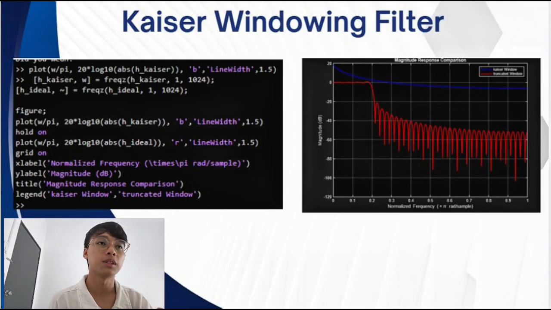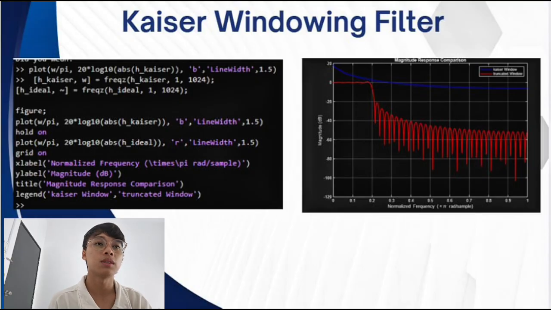So here for the Kaiser windowing filter, we plot w divided by pi, 20 log 10 abs of h Kaiser, which is a blue line, so we put b. Then line width is 1.5. Then h Kaiser, w equal to freqz of h Kaiser, 1024.